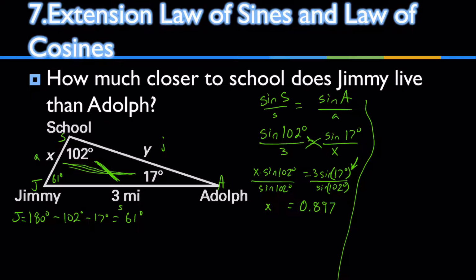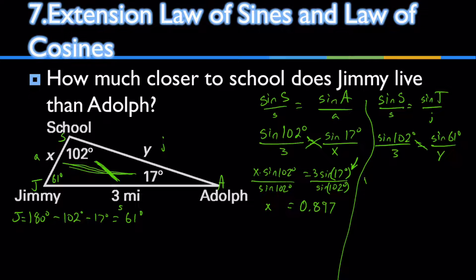Now we can do the same type of thing and find y. I still know angle S and side s, but now I need to know side j. So it'll be sine of angle J over side j. Angle S is 102, side s is 3. Angle J is 61, side j is y.